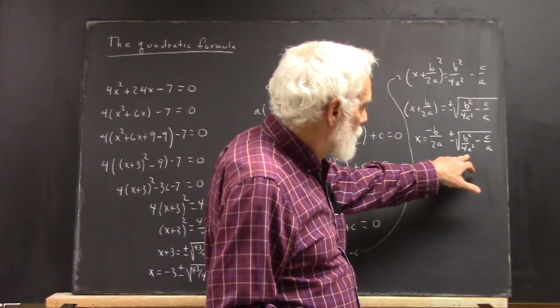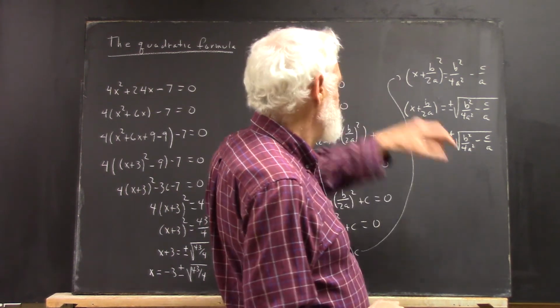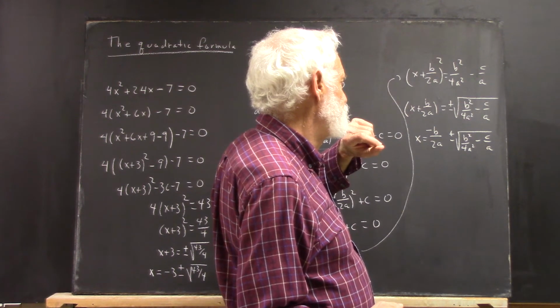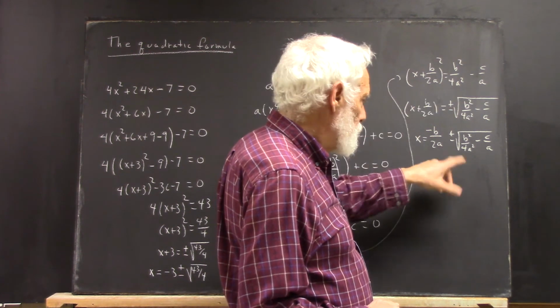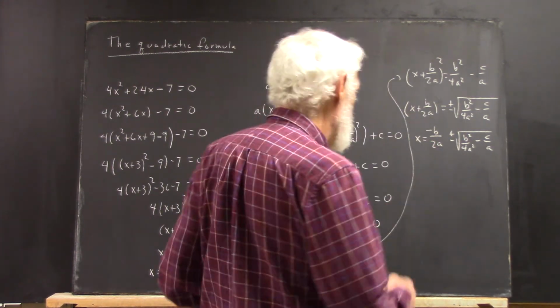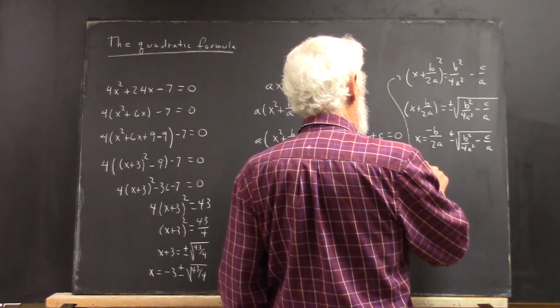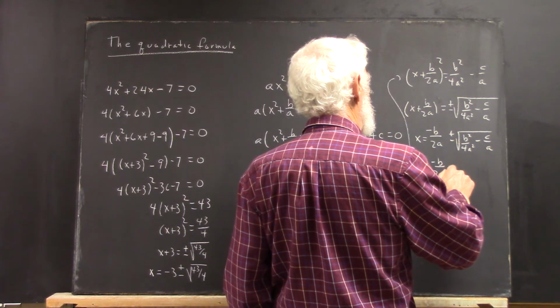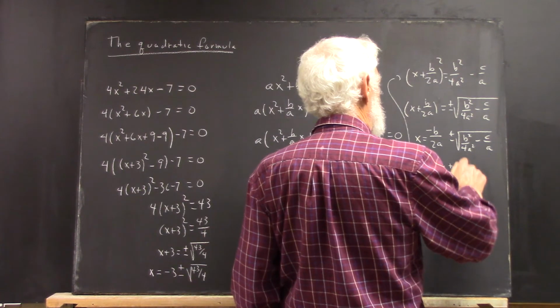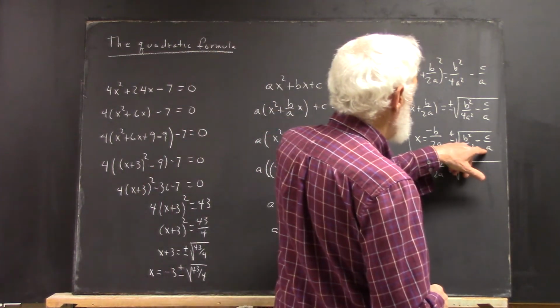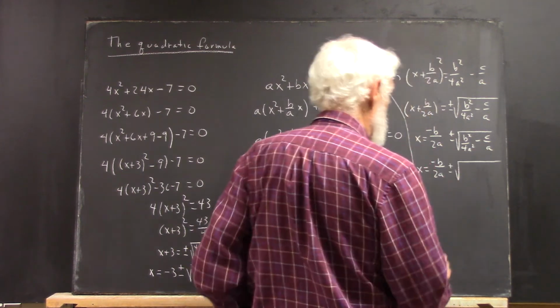Now, I still don't want to multiply through by denominators, because some denominators are inside of square roots and so forth. Kind of tempted to do that, but I'm just going to instead do a common denominator inside of here.